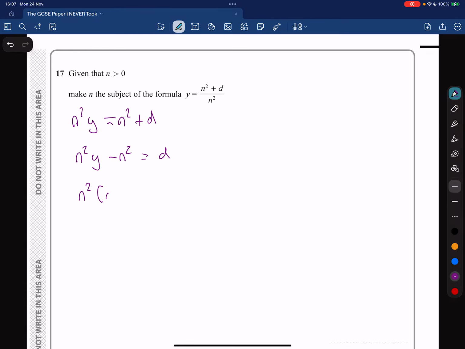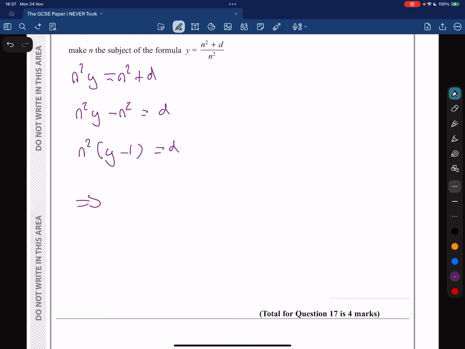So n squared times y minus 1 is equal to d. Therefore, n squared is equal to d over y minus 1. So n is equal to the square root of d over y minus 1. Like that. Nice and easy.